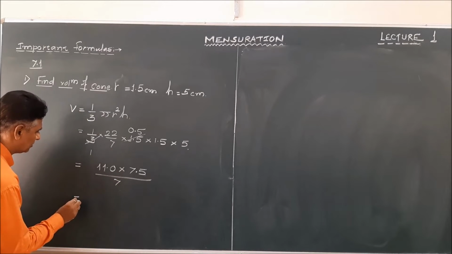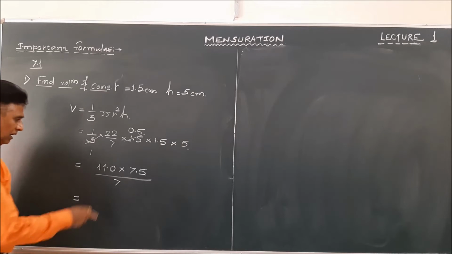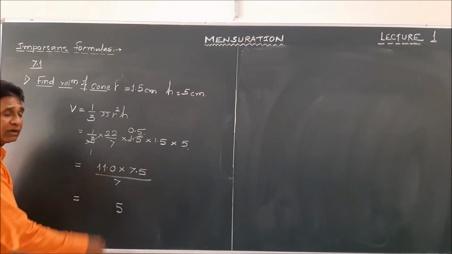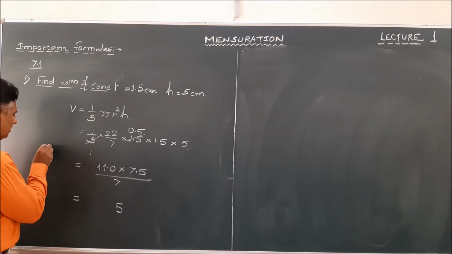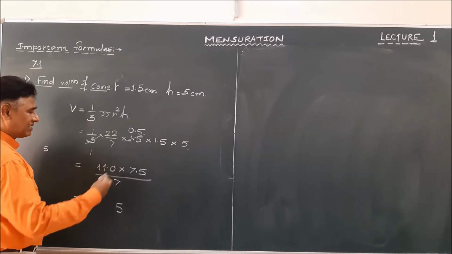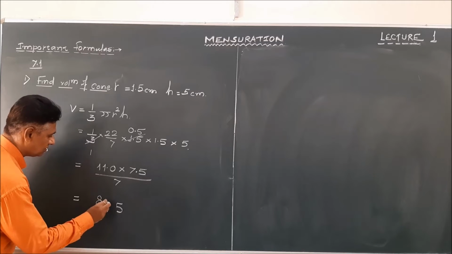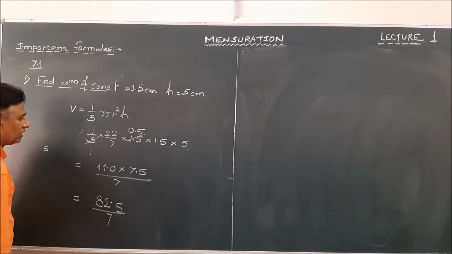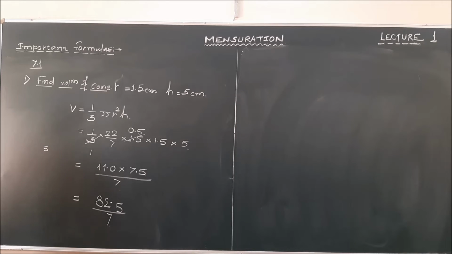Let's do the calculations further. 11 5s are 55, carry 5. 11 7s are 77 plus 5 is 82.